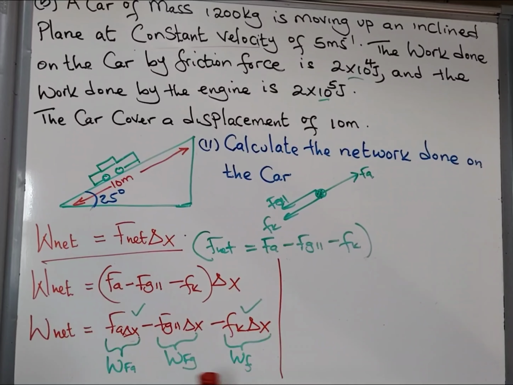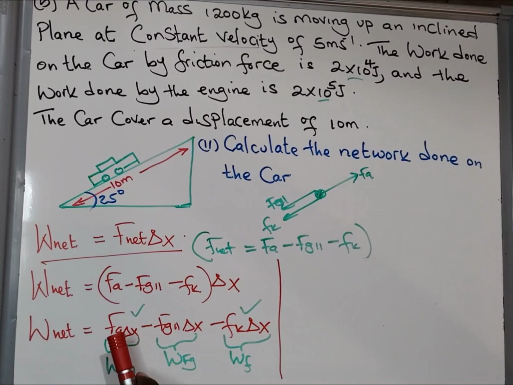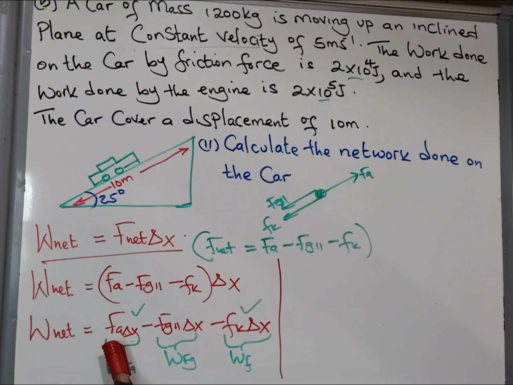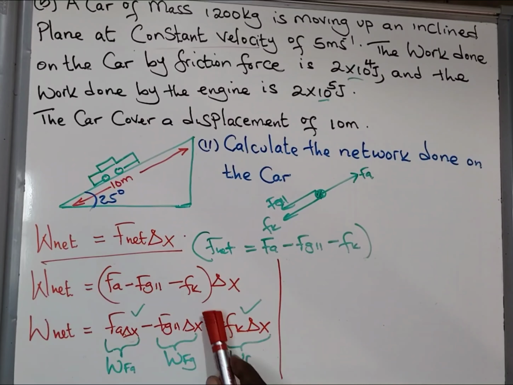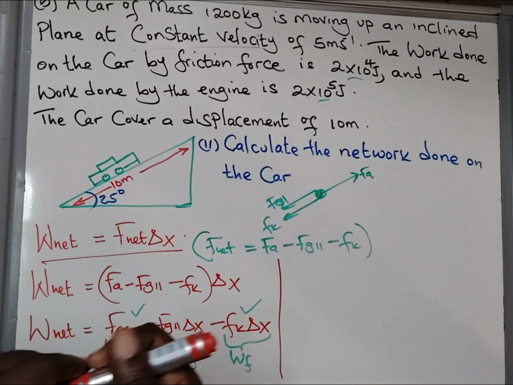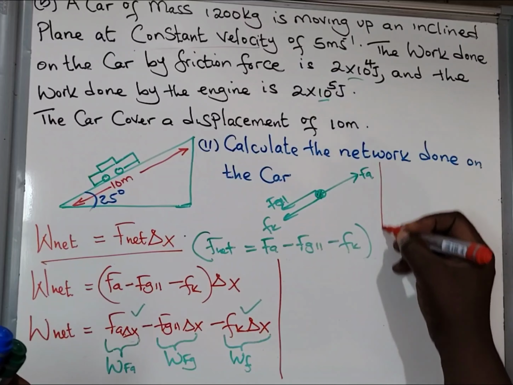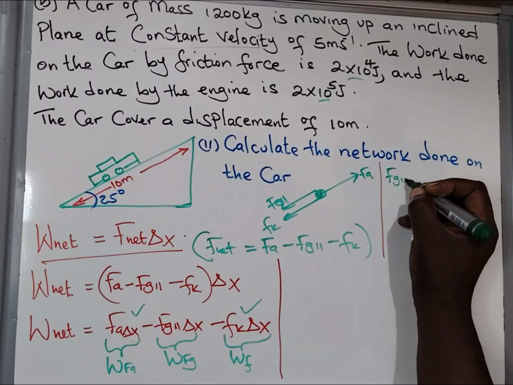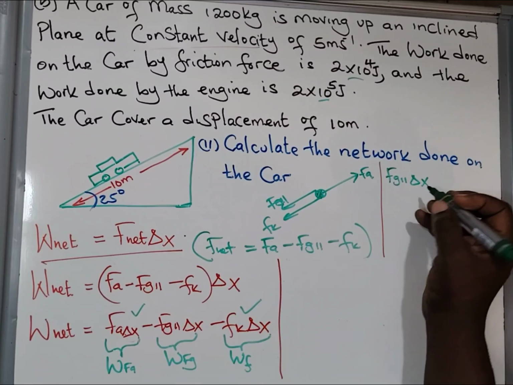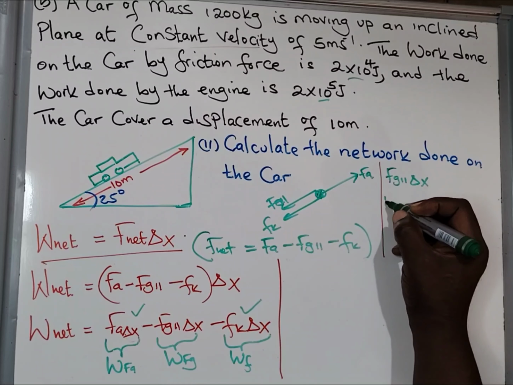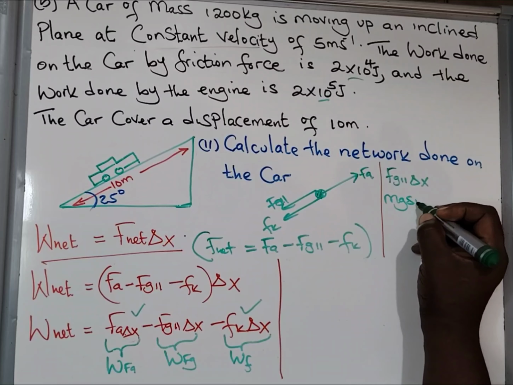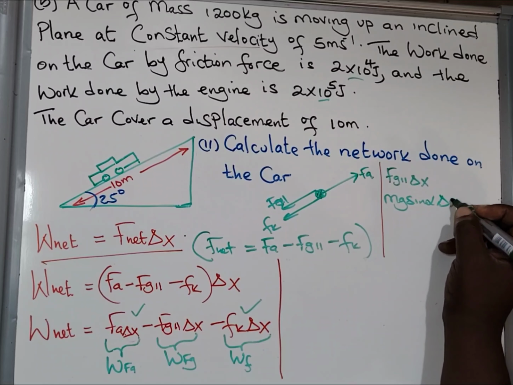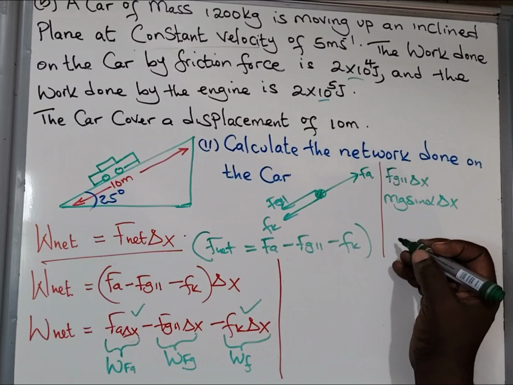So from this equation, we know work done by applied force and work done by friction force. We can also calculate work done by gravitational force. If you have FG parallel delta X, if you expand it, you get mg sine alpha delta X. Do we know m?